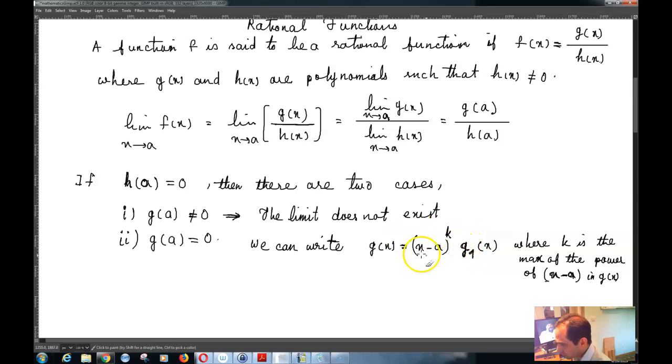So you have to factorize g of x and take this factor x minus a out, and then rewrite your polynomial as some other polynomial times this factor.